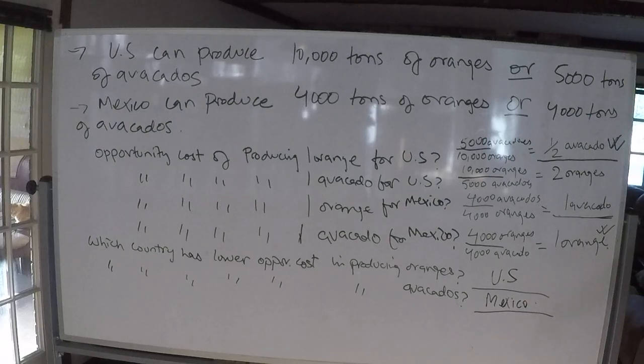But in comparative advantage, the story is different. We calculate the opportunity cost for the nations, we compare it, and we find that US has a lower opportunity cost in producing oranges, and Mexico has a comparative advantage in producing avocados.